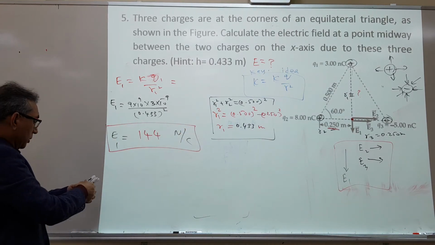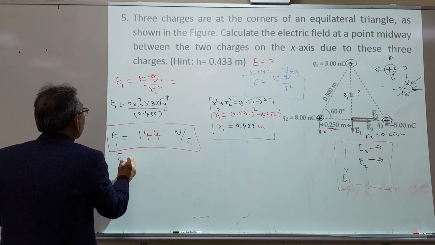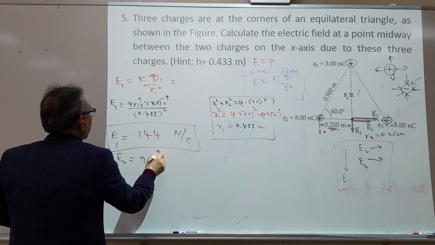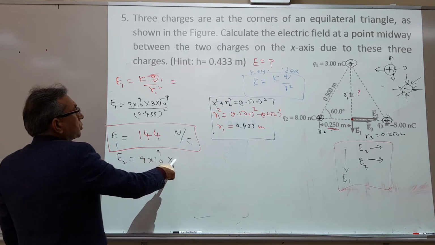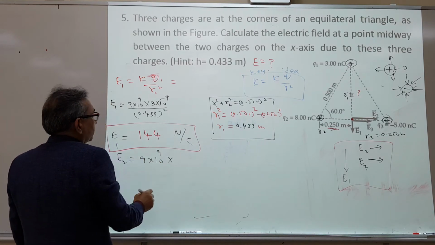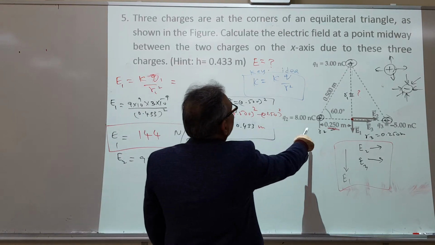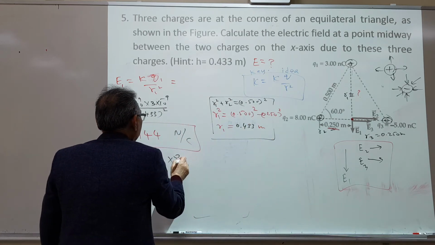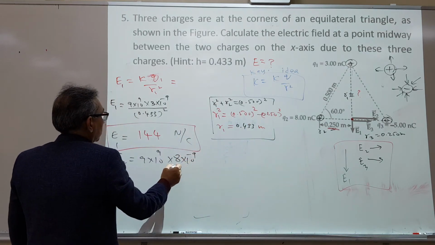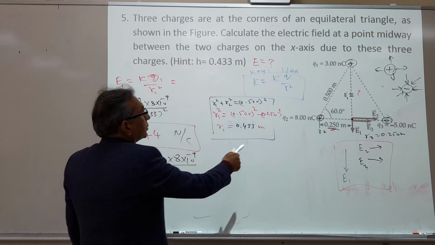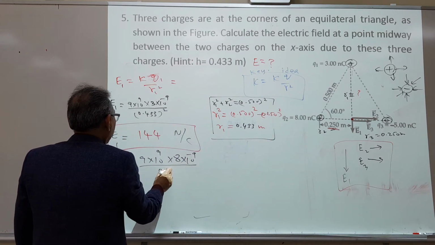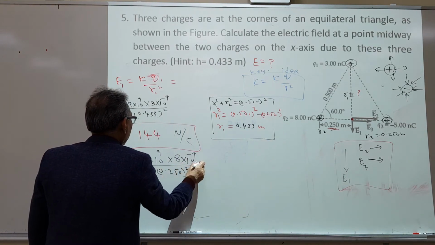This is E1. Similarly, E2, 9 times 10 raised to power 9 times Q2 divided by R2 square. Q2 how much? 8 nano, and R2 0.250.